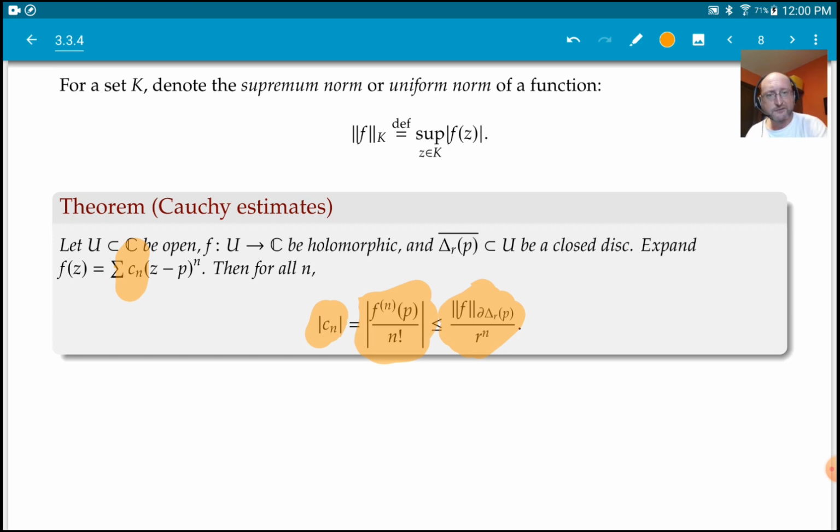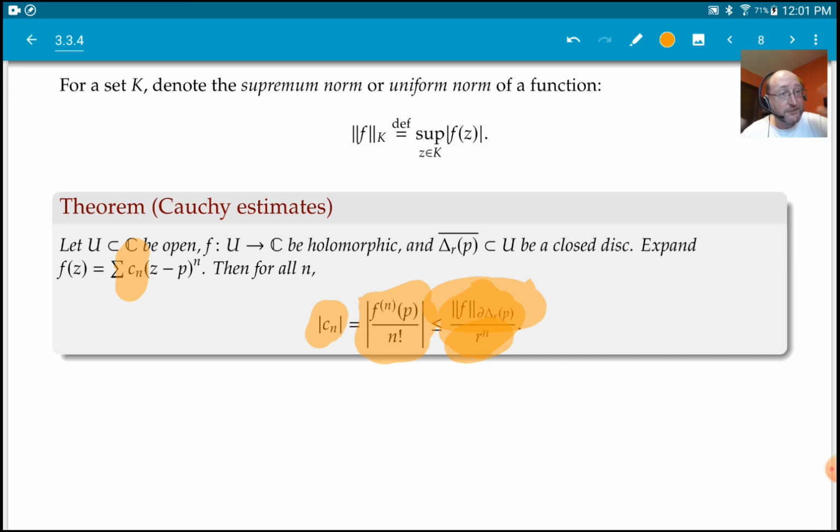On the other hand, if r gets big, you get more control over here. On the other hand, if you're getting further away from p, you're maybe getting less control over here. It's kind of a trade-off. And if you're approaching the boundary of your U, maybe then you don't have any control of the top over there.